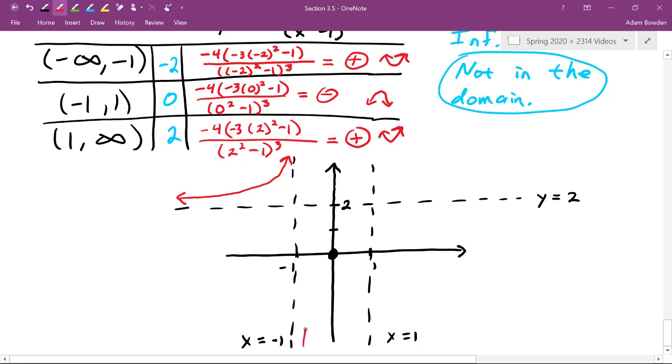So in between here, I'm going to start drawing it concave down, but now close to this asymptote. And then here, it's going to change and start going decreasing, but also still concave down. And then over on this side, it's decreasing and concave up. So it's going to kind of cup upward, but also be decreasing at the same time.